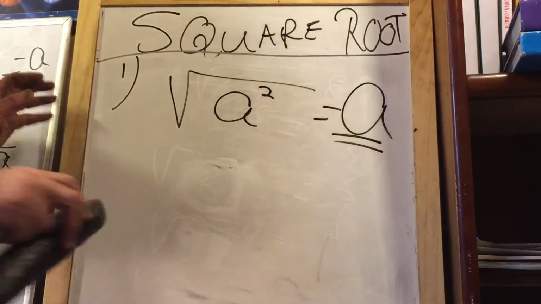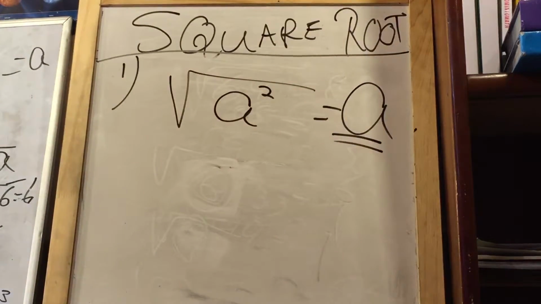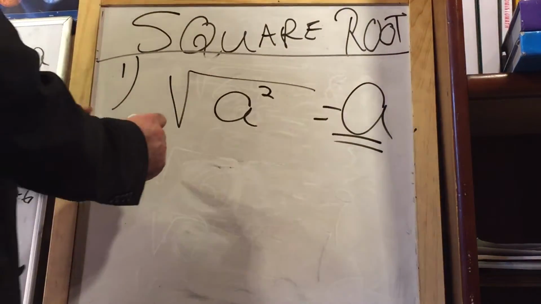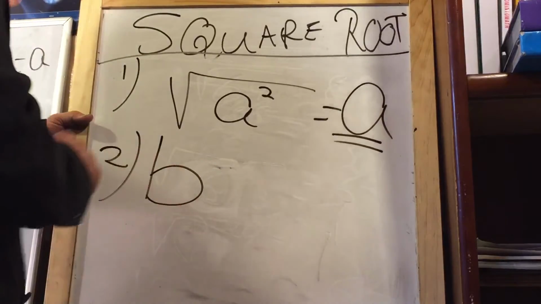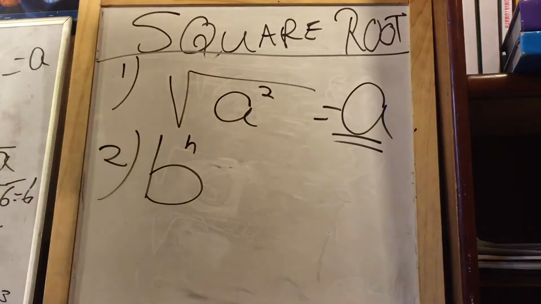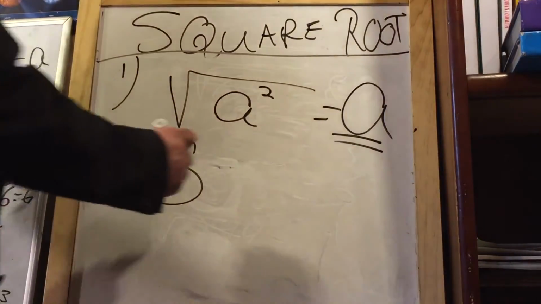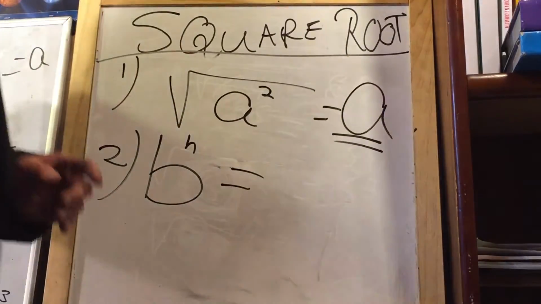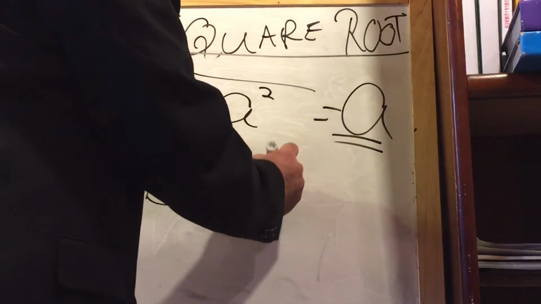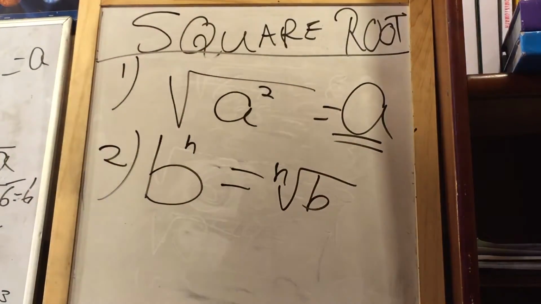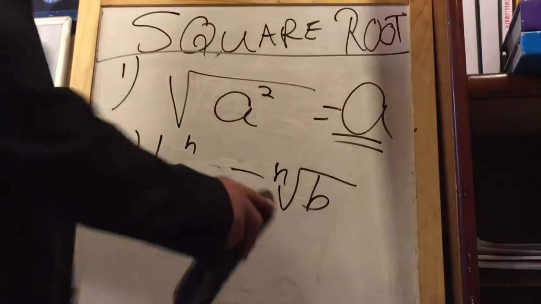Now, moving forward. All right. Now, the other rule is if we have a number b exponent n. Oh, I'm sorry. Okay.